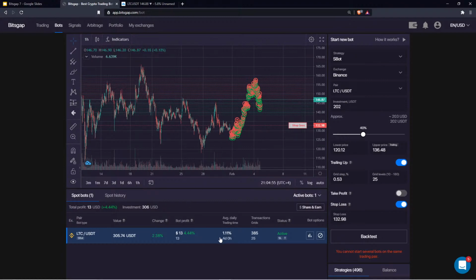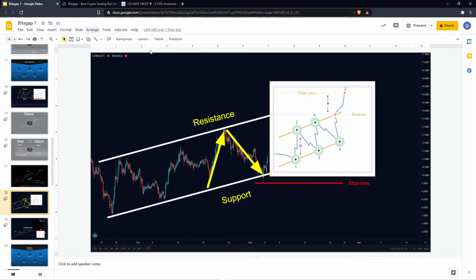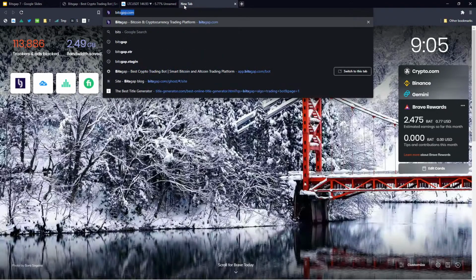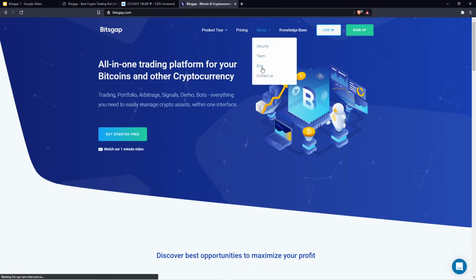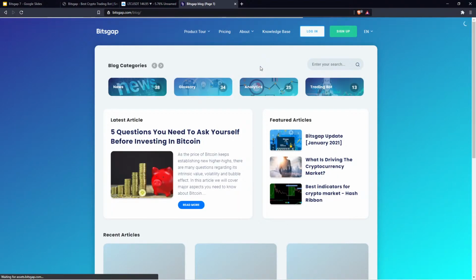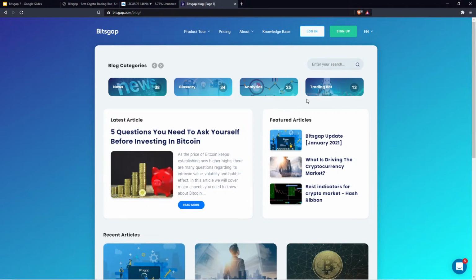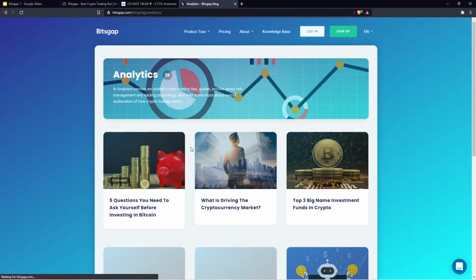That's the real trade that I have, just to show you that all of the examples that I provide you with are from my real trades and based on my experience and observations on the market. To learn more about other patterns, just go to the Bitsgap main page and go to about, then blog, and here you have the section called trading bot and analytics, where you can find other strategies.